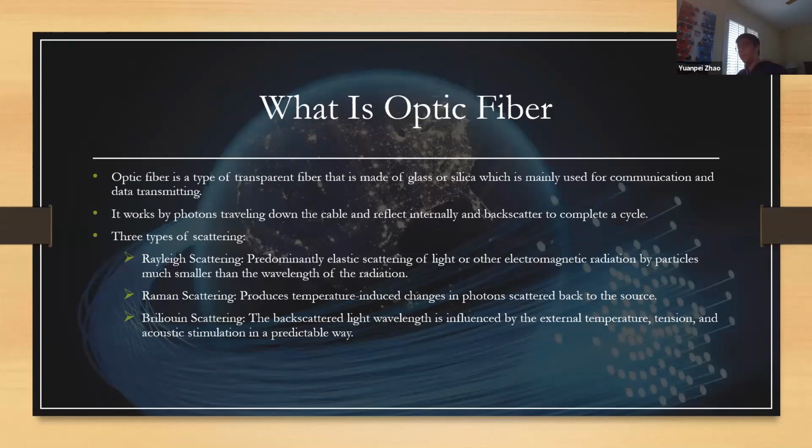It works by photons traveling down cables and reflecting internally and backscattering to complete a cycle. There are three types: the Rayleigh, the Raman, and the Brillouin scattering, and they each have different functions. For the temperature sensor in this project, it is mainly Raman scattering.